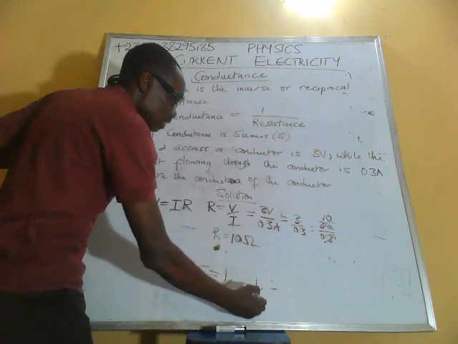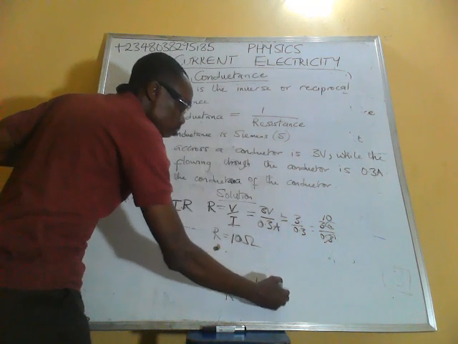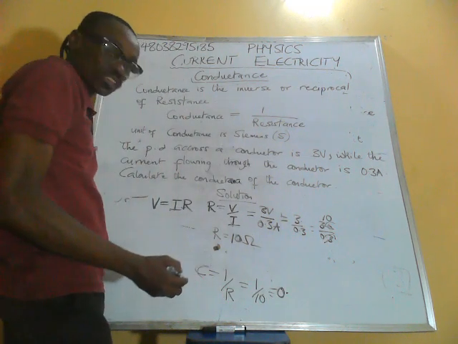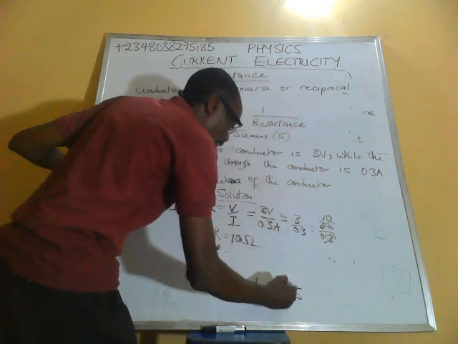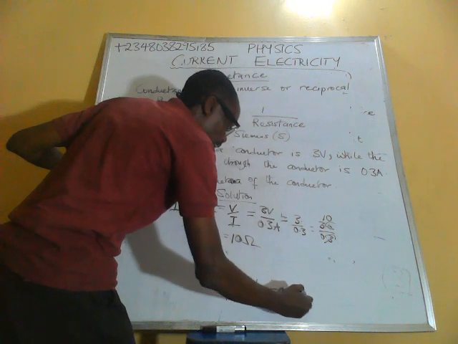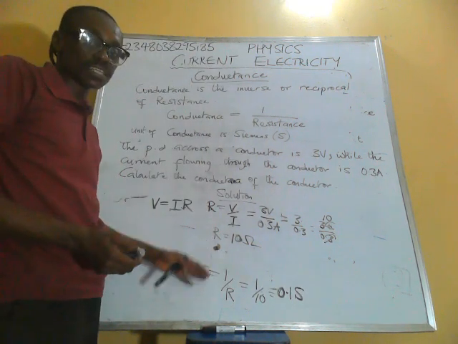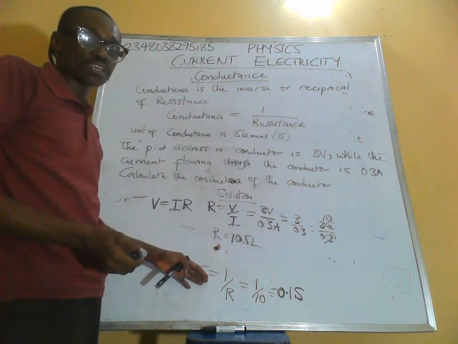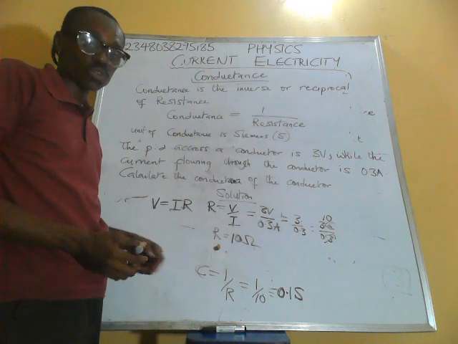So 1 over 10 gives us 0.1. So our conductance is 0.1 Siemens. So first of all, we have to calculate the resistance, and then we use it to find the inverse. That gives us the conductance of that conductor.